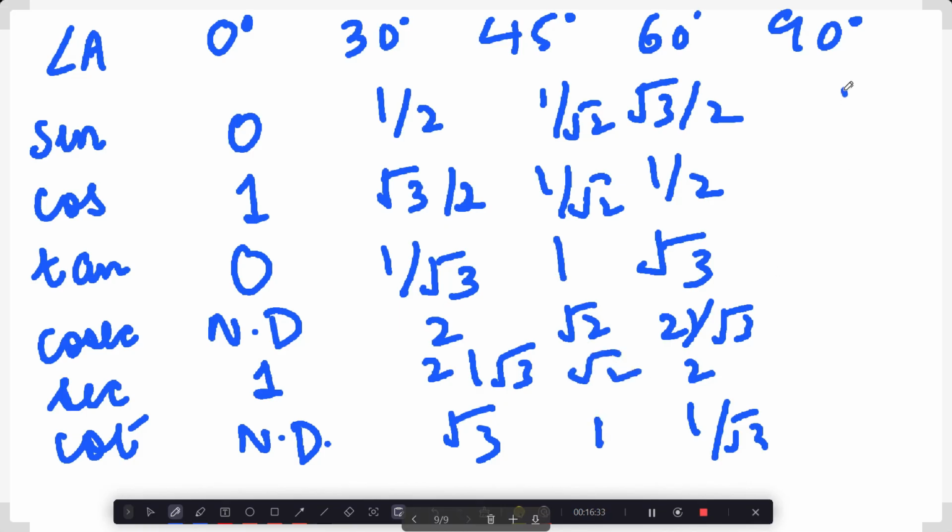Sin 90 is 1, cos 90 is 0, tan 90 is not defined, cosec 90 is 1, sec 90 is not defined, cot 90 is 0.